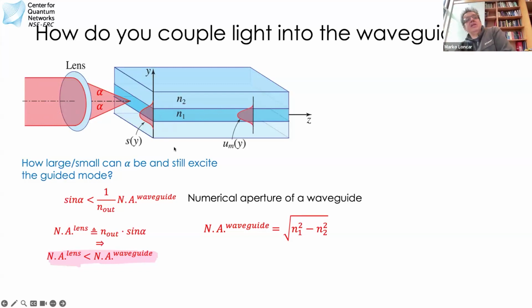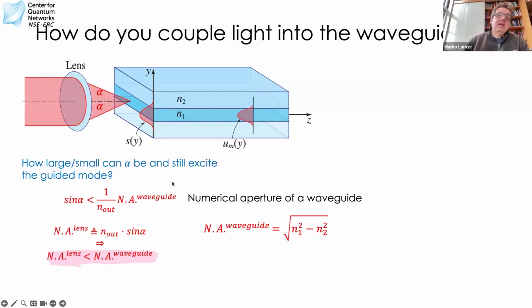And I'm not going to go into great details, but if let's say you use a lens, then the question is, which lens are you going to use? Do you want a lens that's going to tightly focus the light so that this angle alpha is really large, or you want a lens that's not going to tightly focus the light, and that makes alpha very small?